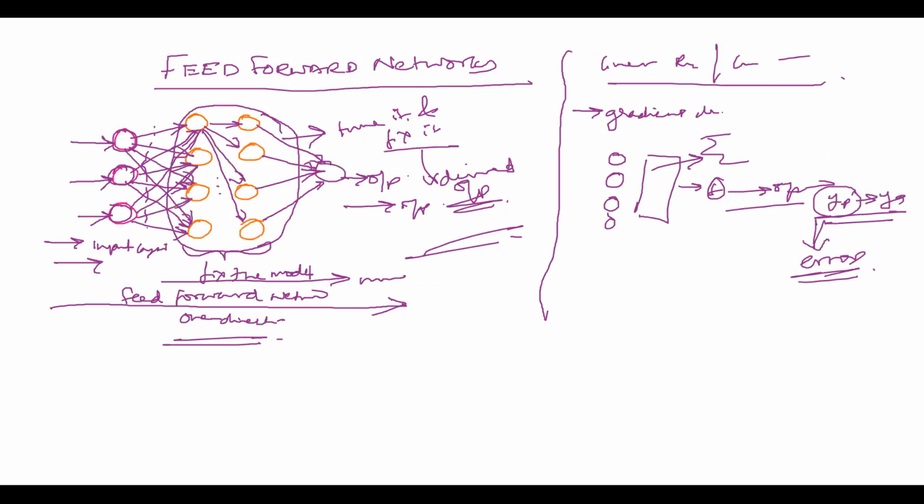Let's take logistic regression and find an analogy for the neural network.